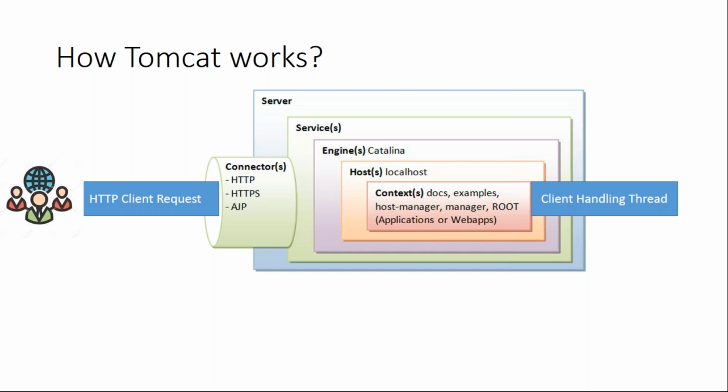So every Tomcat is a server. It has services. The services run on the engine called Catalina. It has a host like localhost, and on the localhost we have the applications, like the IP address. Correct. Right.